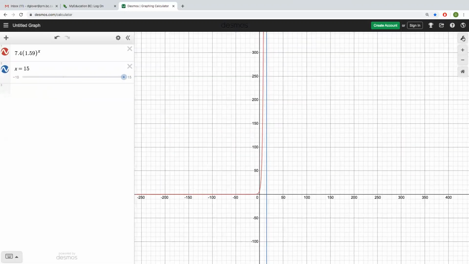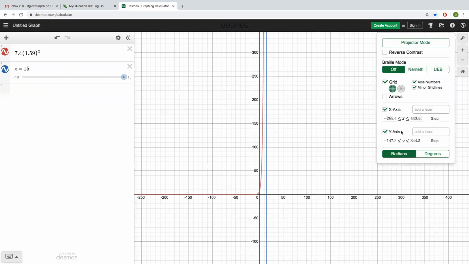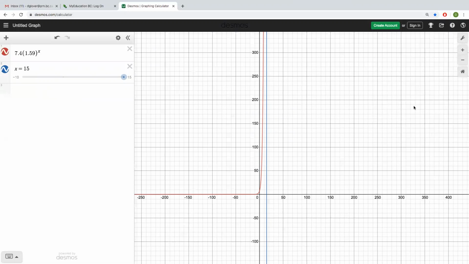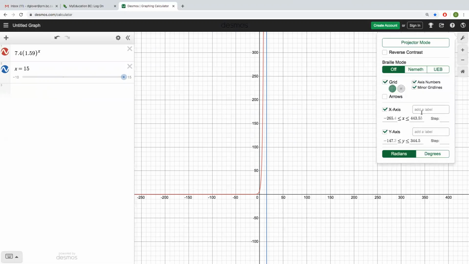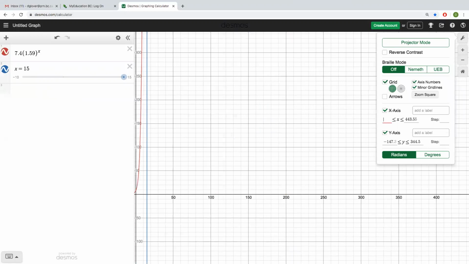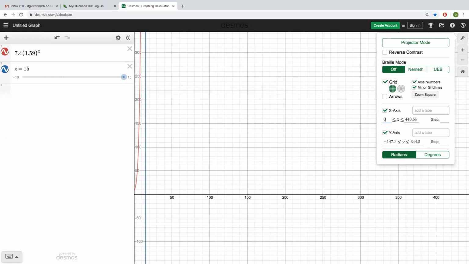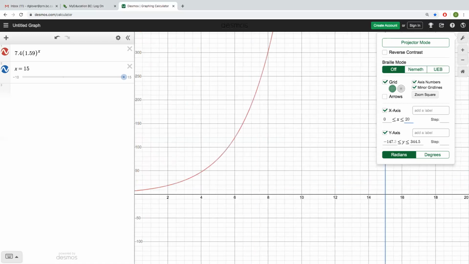So now I've got a vertical line at x equals 15. I'm going to change my scale a little bit because it's very hard to see. So we're only going to go from 0 to 20. Okay, and I'm going to increase the steps in the y direction.